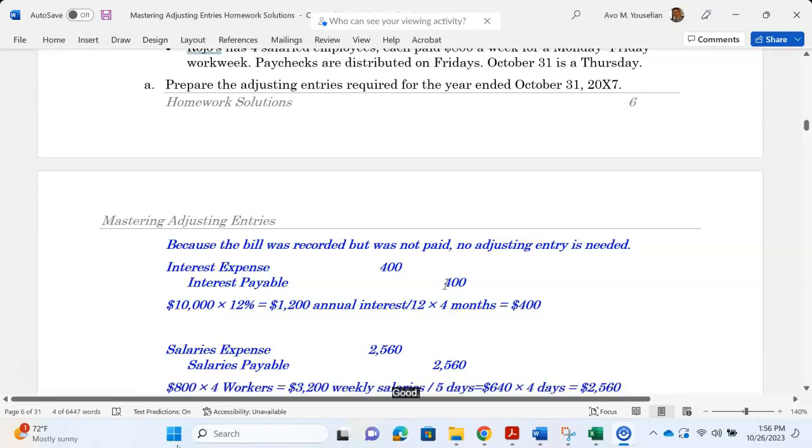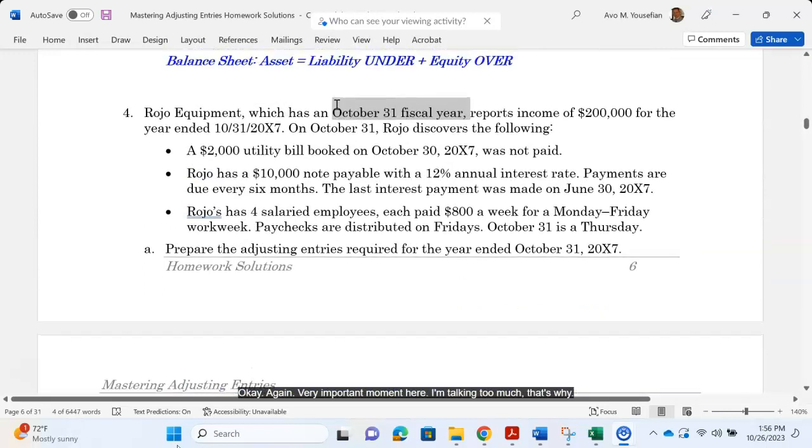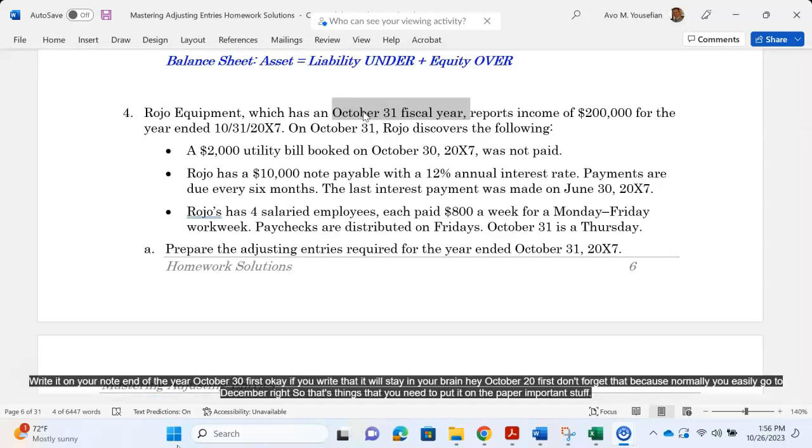Good? Okay. Again, very important moment here. I'm talking too much. That's why I forgot. But if you are reading the problem and you are quiet, make sure all these important things, you write them on your note. End of the year, October 31st. If you write that, it will stay in your brain.